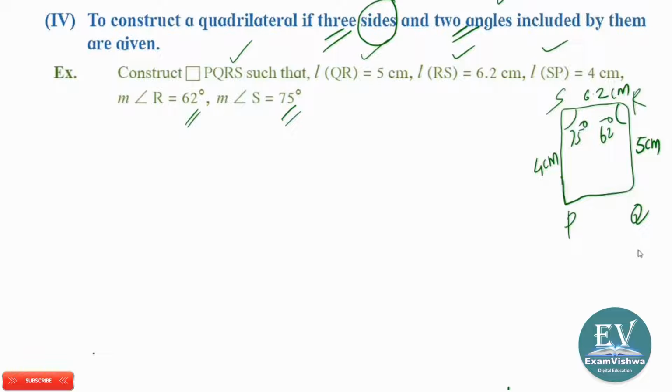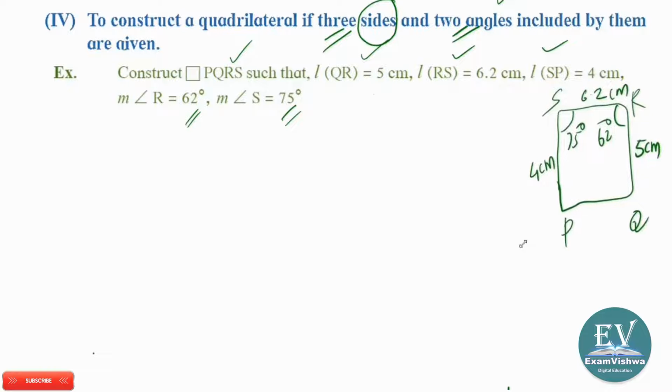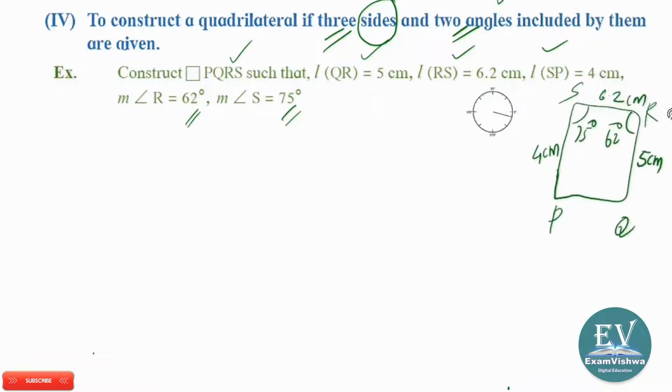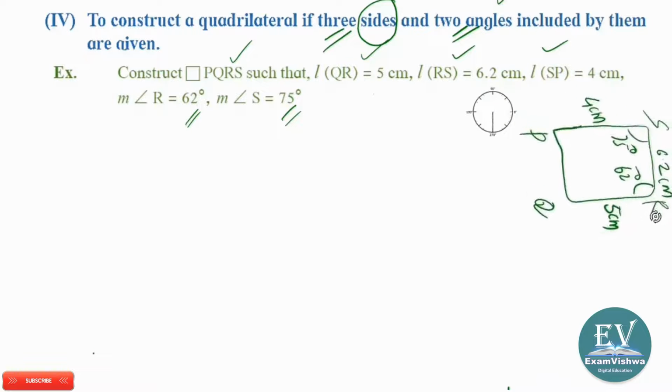Let me see, to save time. Yes, it can be rotated like this. So nothing is changing, only the orientation changed. So I will erase and write PQRS once again in a readable format.